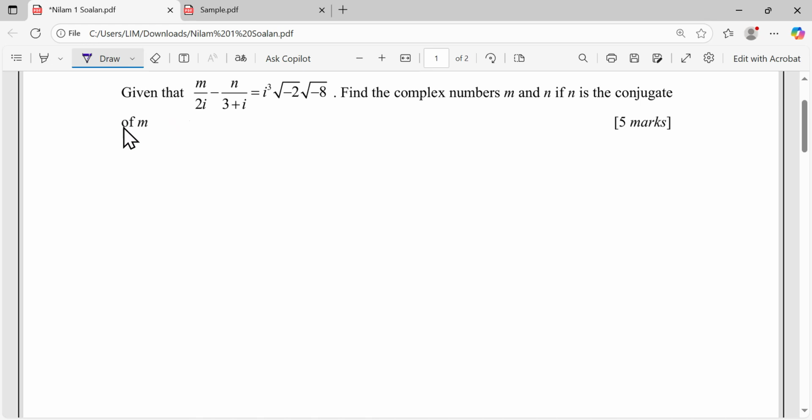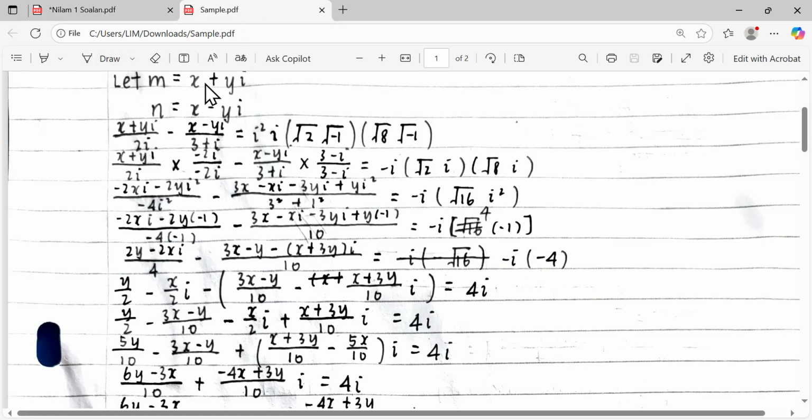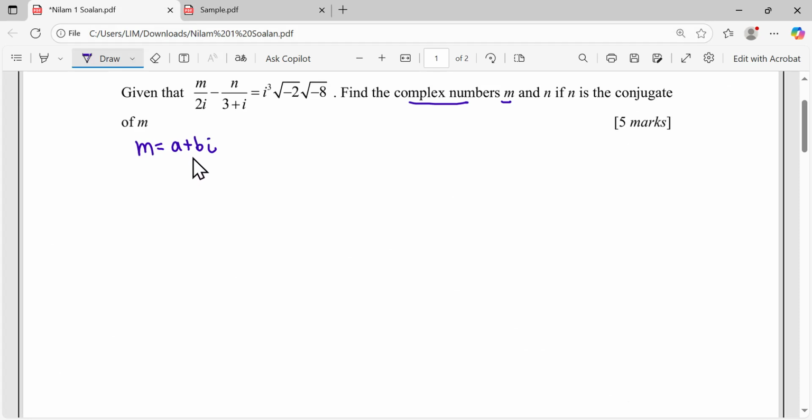So what can we do for these questions? Firstly, of course, we need to define what m is. We cannot just let m be like that, because that would mean m is a real number. If m is a complex number, it should be in the complex number format, a plus bi. You can use x plus yi also, as long as it has a real part and an imaginary part.